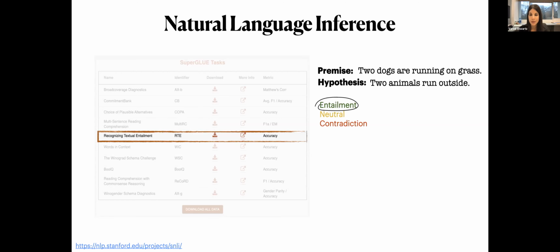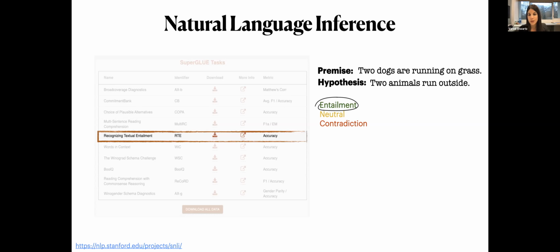So here's an example, given the premise that 2 dogs are running on grass and the hypothesis that 2 animals run outside. The goal is for the model to determine whether the premise entails the hypothesis, contradicts the hypothesis, or is neutral. You cannot tell if the hypothesis is true or not.